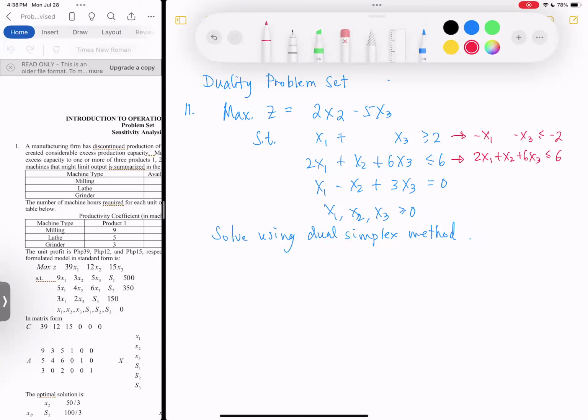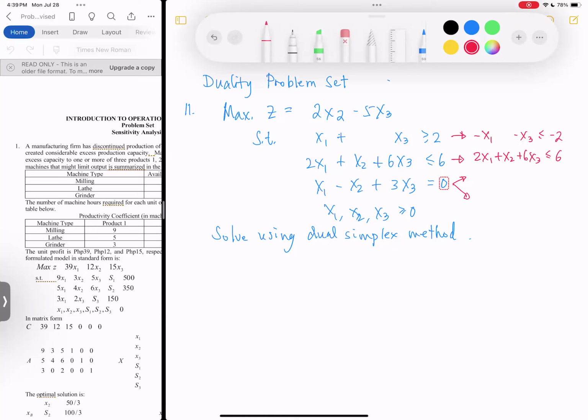So what do we do? There will be a greater than or equal to and a less than or equal to constraint. Okay. So this will split up into a less than and a greater than constraint.